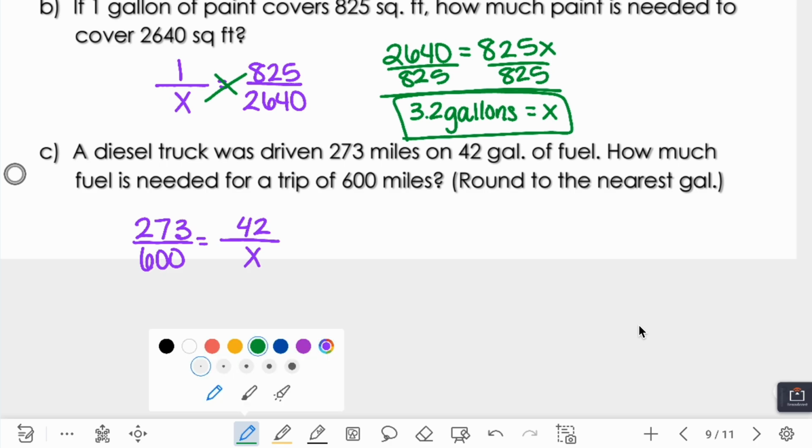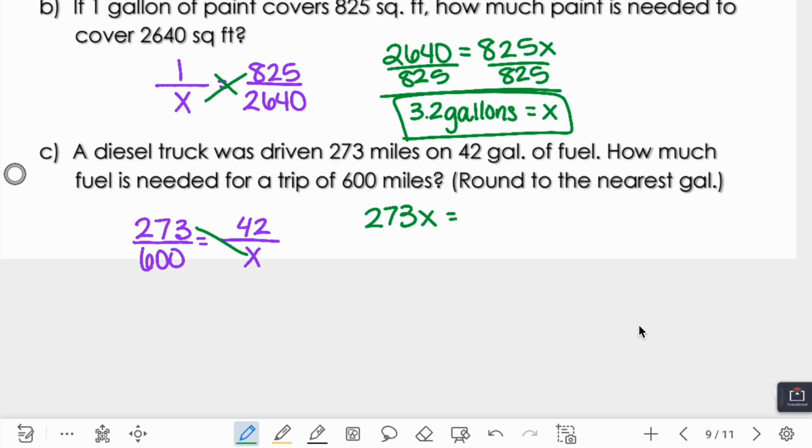Now once again, cross products are equal, so 273 times x is 273x. And 600 times 42 is going to be 25,200. Okay, in solving for x, I'm going to divide by 273.